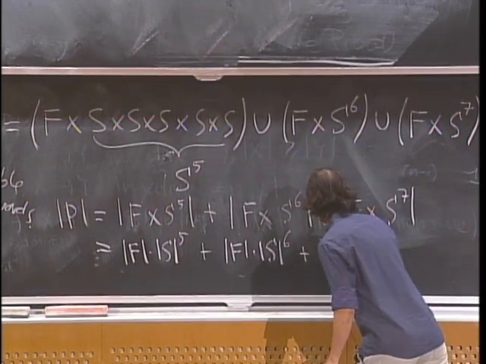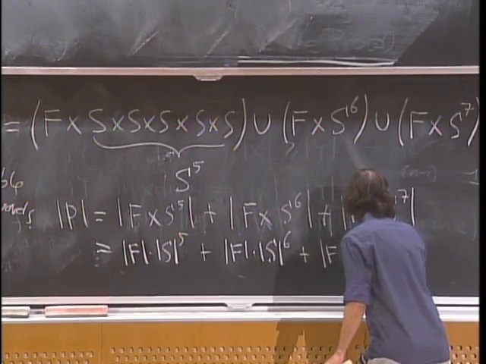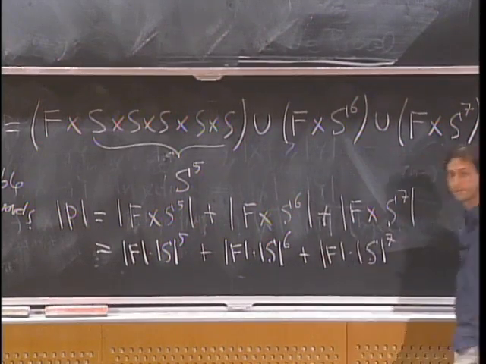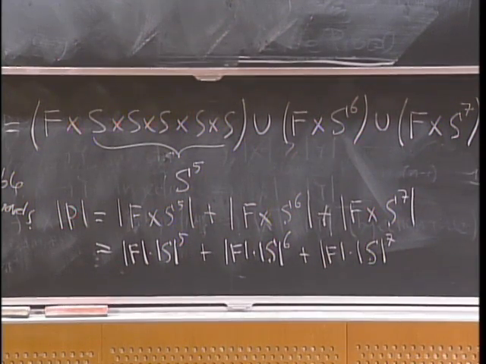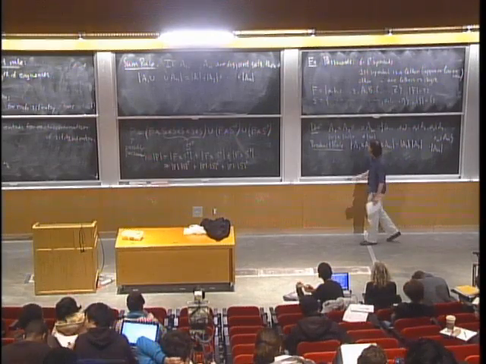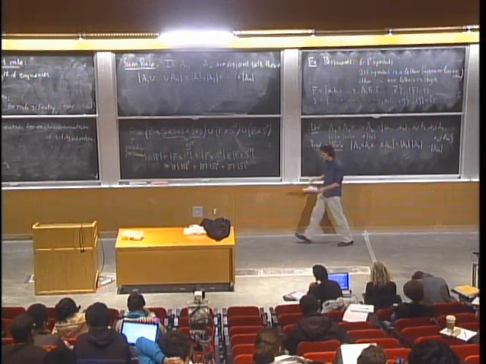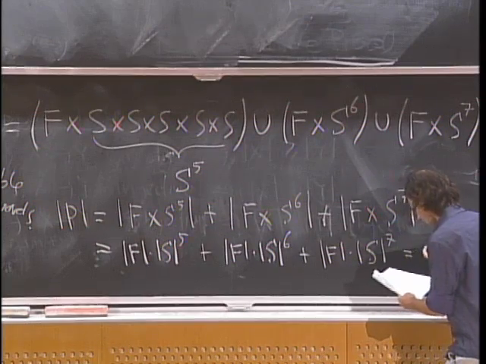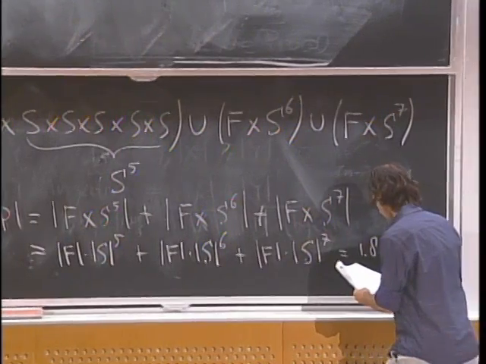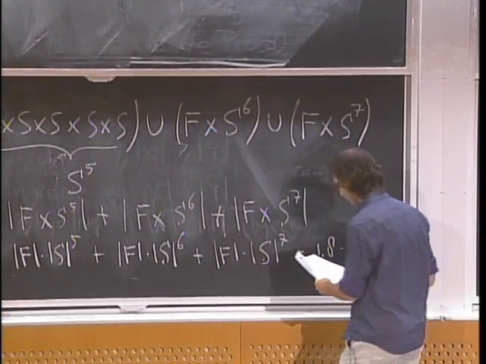And then we have the cardinality of F times the cardinality of S to the power 7. Now we simply plug in these numbers, and then you will have the total number of passwords that you can select from. It turns out to be about 1.8 times 10 to the power 14.